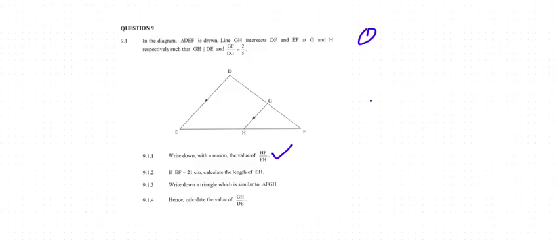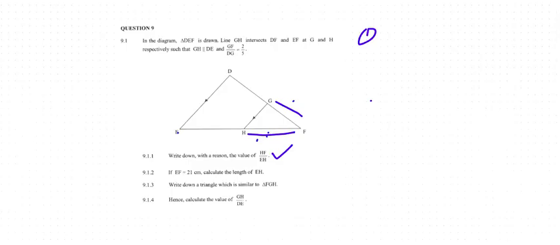What is HF? You can see that over here. HF, the given we have GF. As you can see, they are parallel and the lengths are equal. So that's why, and EH and DG, these lines are also parallel. So that's why we can write it like that.